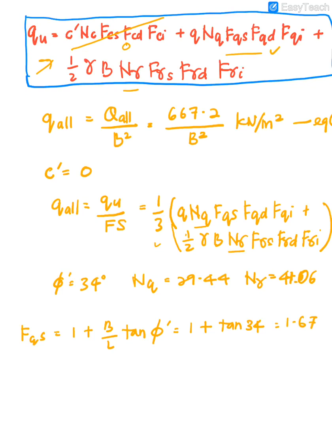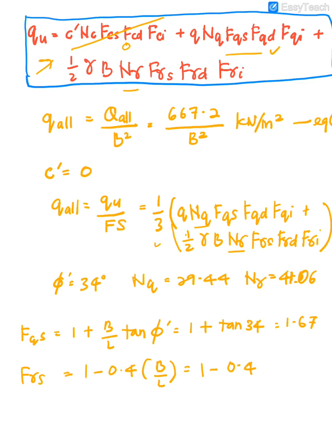And then F_gamma s equals 1 minus 0.4 B over L. So 1 minus 0.4, because the shape of the foundation is square.